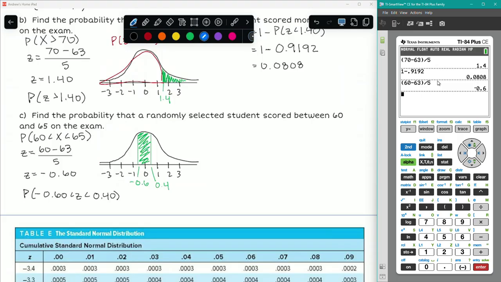And the table is going to give me two things. So the area to the left of negative 0.6 is going to come from the table. So P(Z less than negative 0.6). And then I'm going to get the area to the left of the upper bound, which is P(Z less than 0.4).